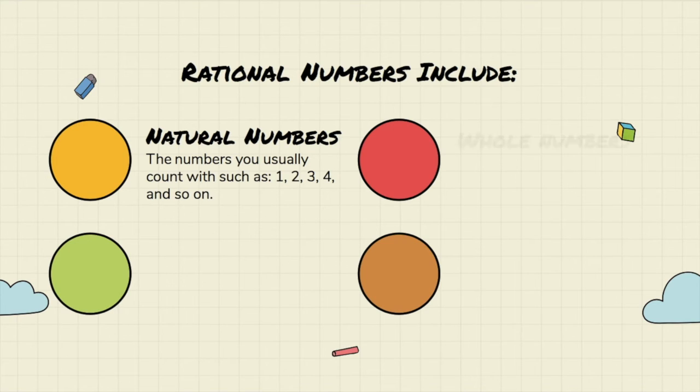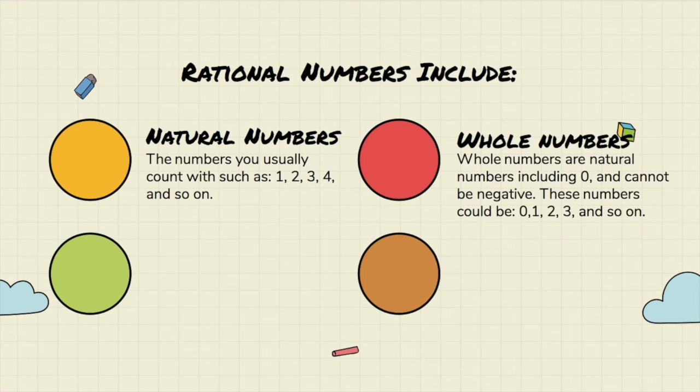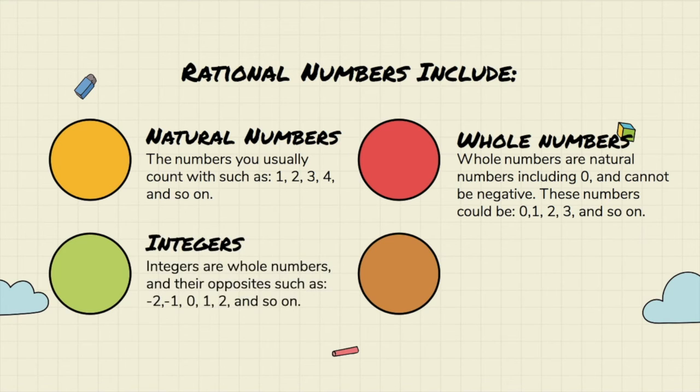Then we have whole numbers, which are numbers that include natural numbers, including 0, and cannot be negative, so these numbers would be 0, 1, 2, 3, so on and so forth. Then we have integers, which are whole numbers and their opposites, such as negative 2, negative 1, 0, 1, 2, and so on. These are also rational numbers.